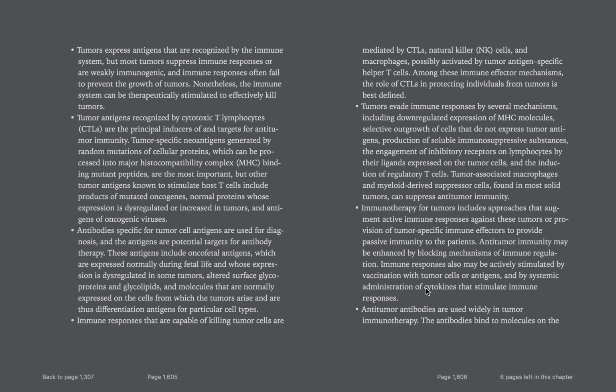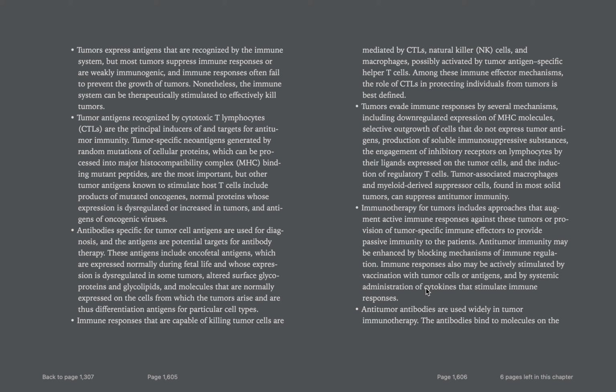Immune responses that are capable of killing tumor cells are mediated by cytotoxic T lymphocytes, natural killer cells, and macrophages, possibly activated by tumor antigen-specific helper T cells. Among these immune effector mechanisms, the role of CTLs in protecting individuals from tumors is best defined.